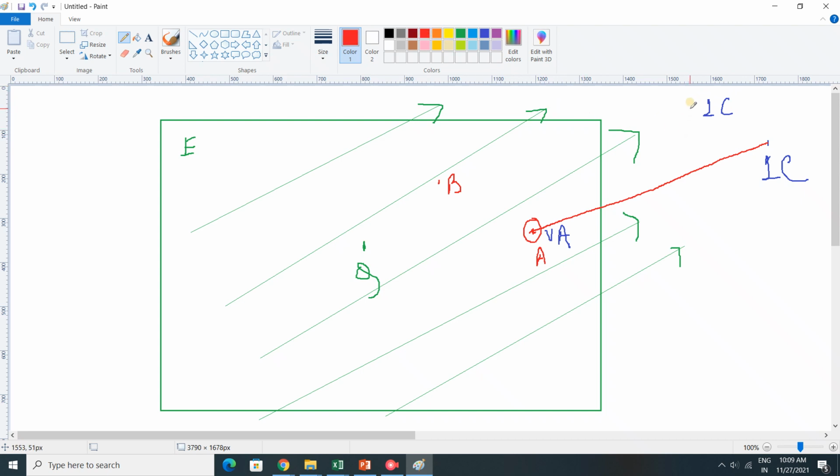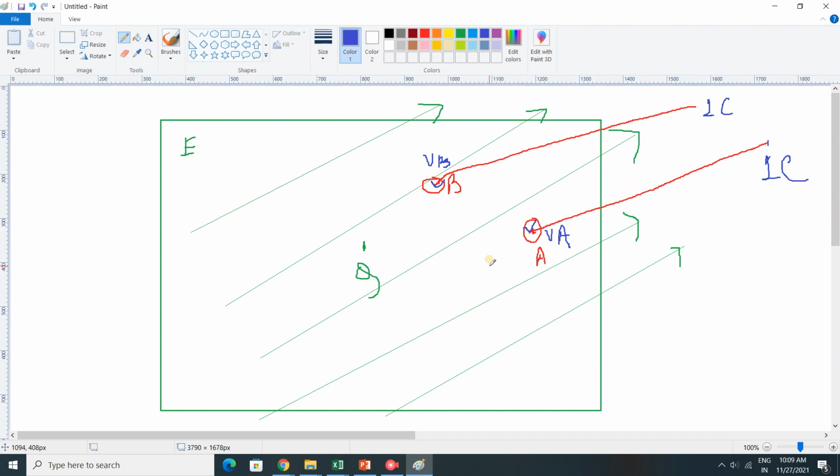Suppose I have another point charge, a unit positive charge of 1 coulomb, and I want to bring it over here at B. So over here also I will get some potential, which is VB.